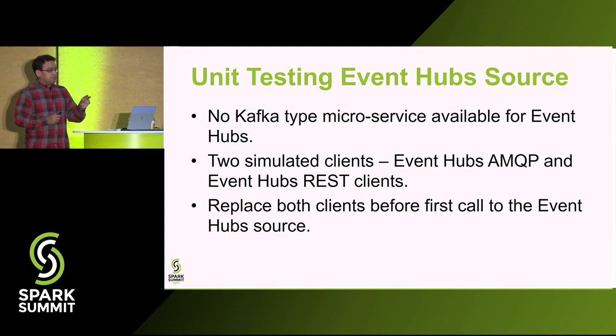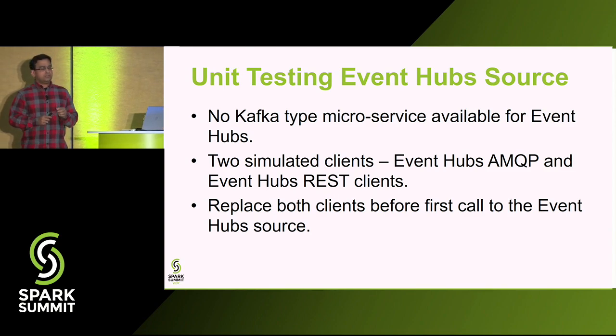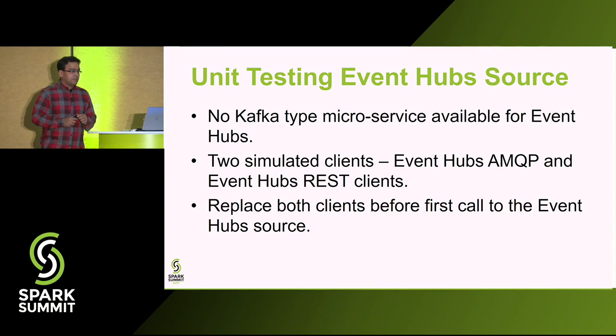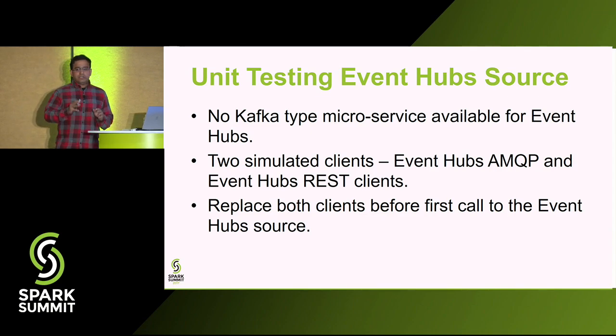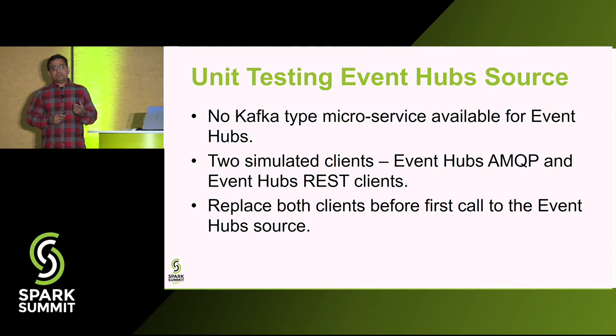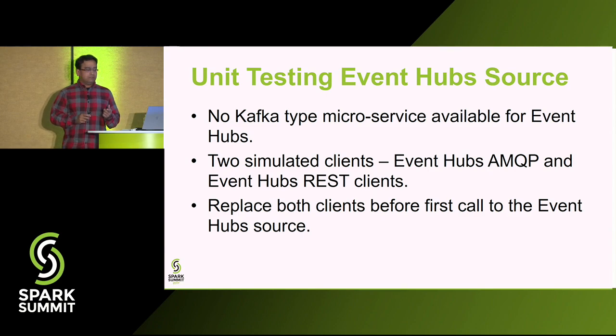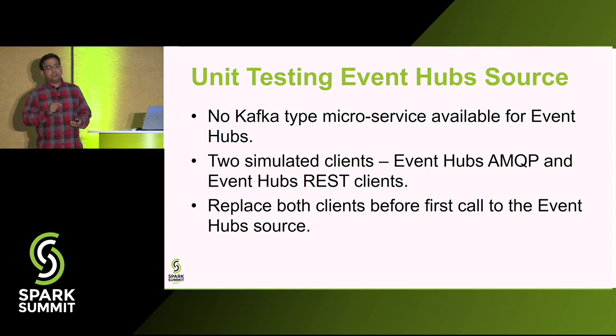And the other client we currently need to use is the REST client that gives us the largest offset in a partition, and we need that information from time to time. This REST client will go away, but currently we need to handle it. And for our unit testing, the goal is to replace these two clients in the source before we give it to the first call of the EventHubs source.